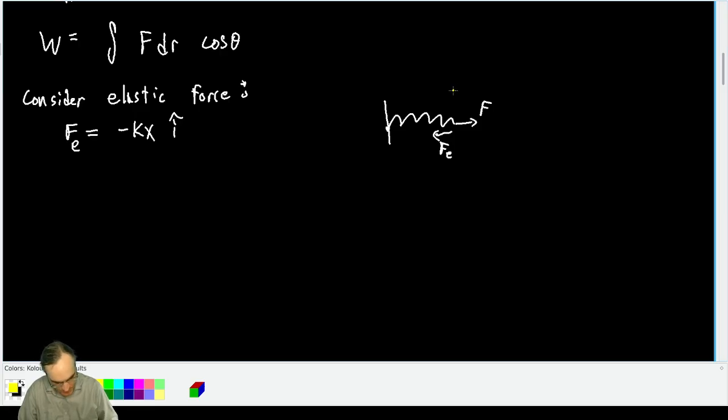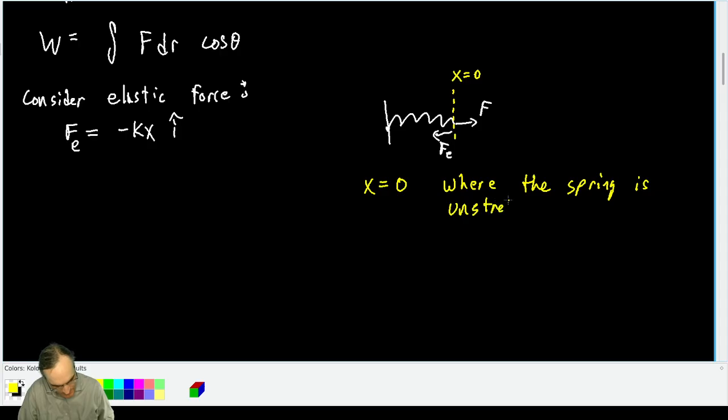If this point right along here is x equals 0, and x equals 0 is where the spring is unstretched and uncompressed, in other words, it's the magic point where you get 0 force from the spring, or another way of thinking about it, it is the natural length.